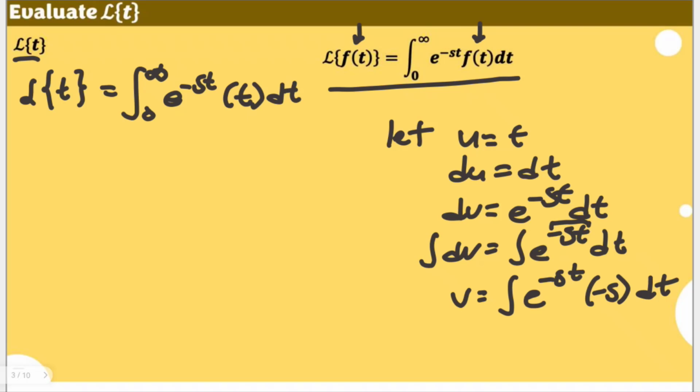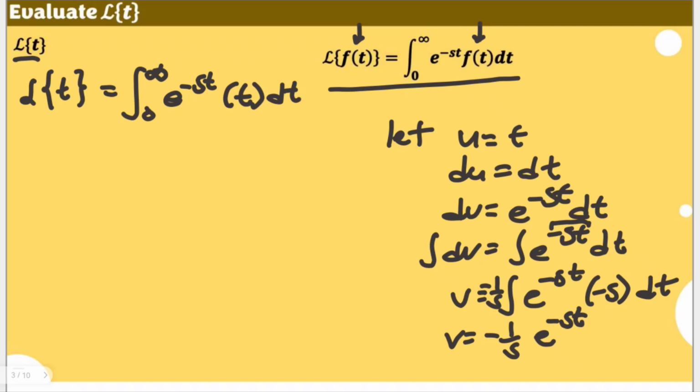But of course, you need to neutralize that with 1 over s here, so that this and that is just equal to 1. You're not changing the actual value. So v is negative 1 over s, and the integral of this is e to the negative st itself.